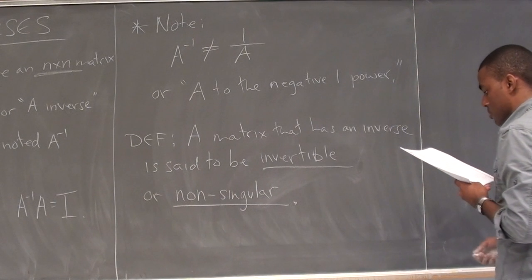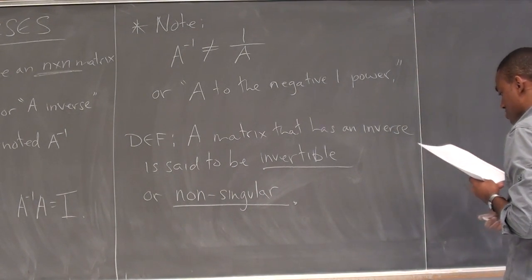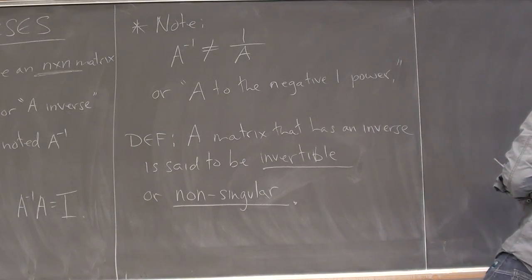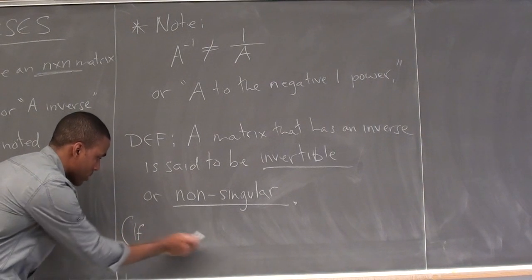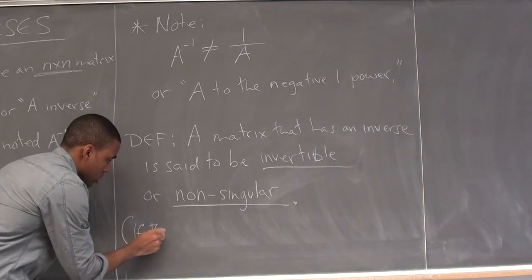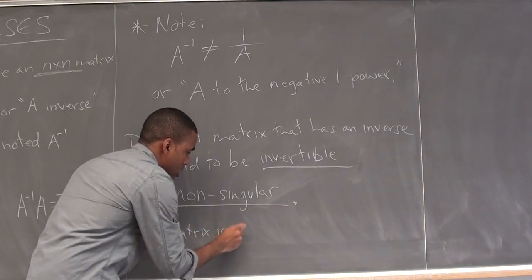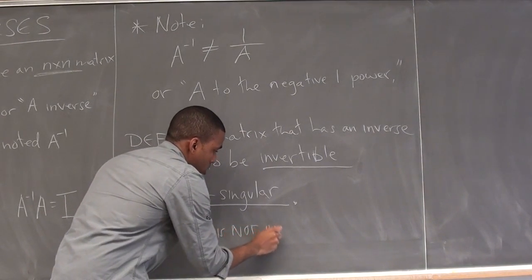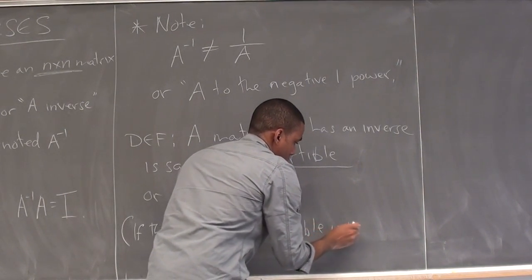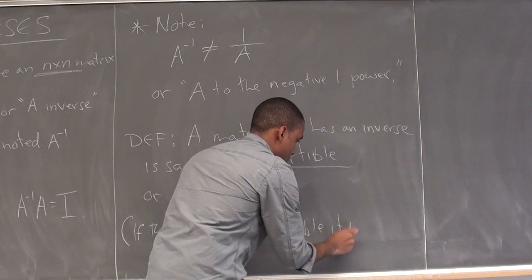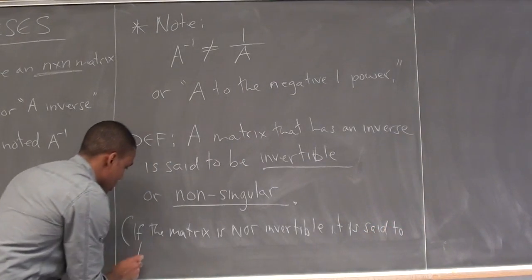Where did it come from? I'm not sure. Obviously here, if the matrix is not invertible, it is said to be singular.